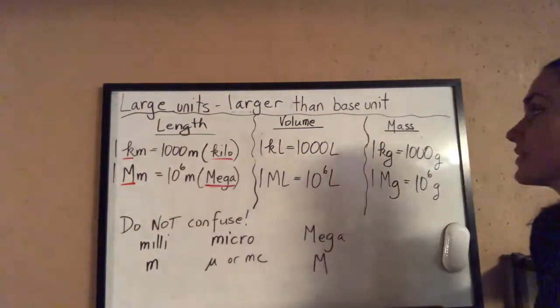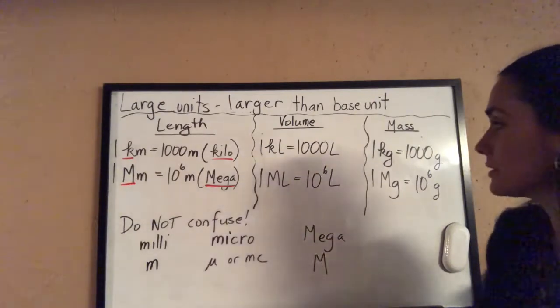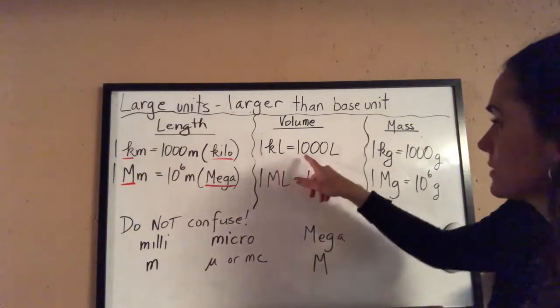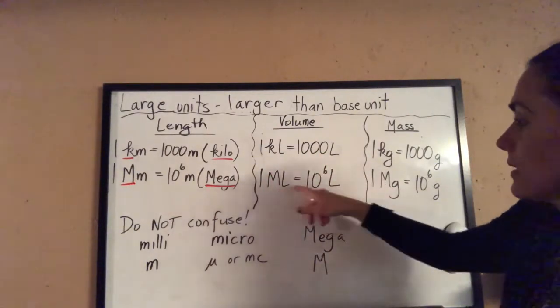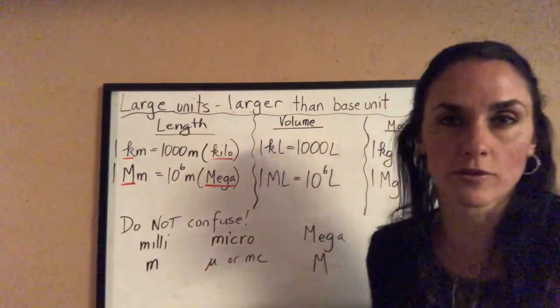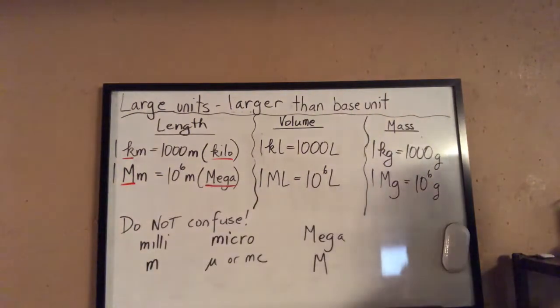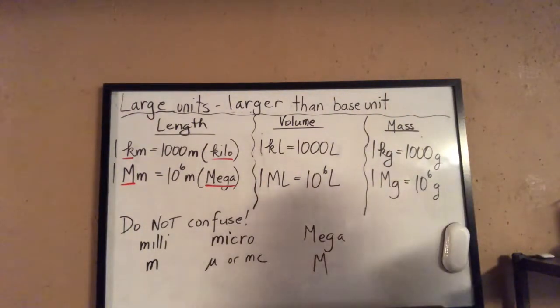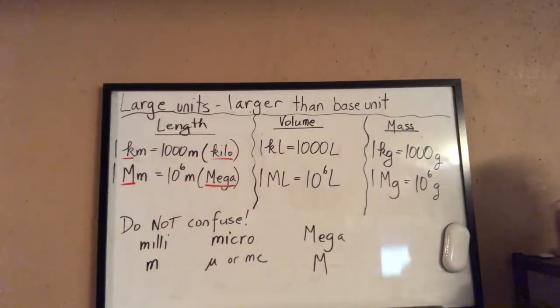Those same prefixes apply to volume and mass units. 1 kiloliter is 1,000 liters. 1 megaliter, 10 to the 6 liters. So if you had something on a production level, it would be on this scale. Same thing with mass. 1 kilogram is 1,000 grams. 1 megagram is 1 million, or 10 to the 6th grams.